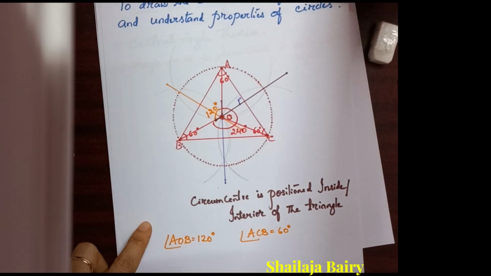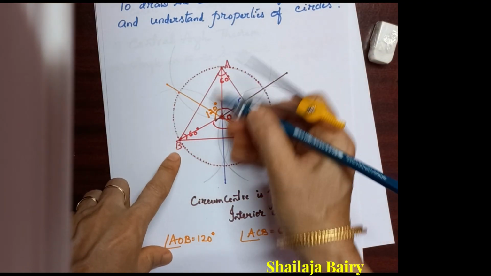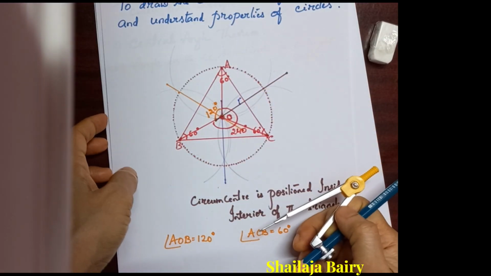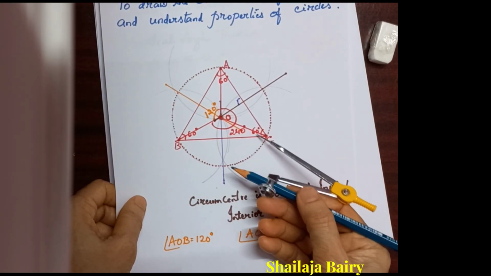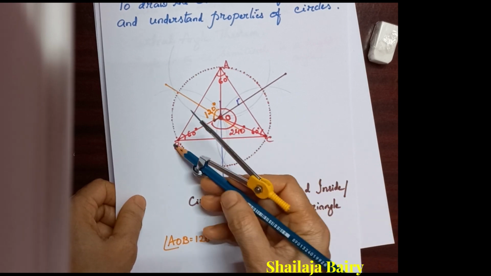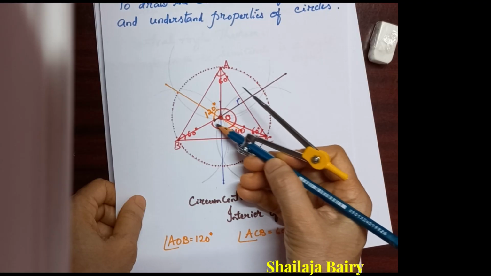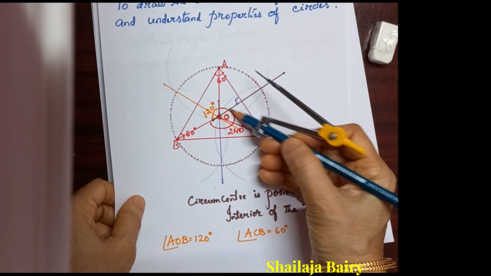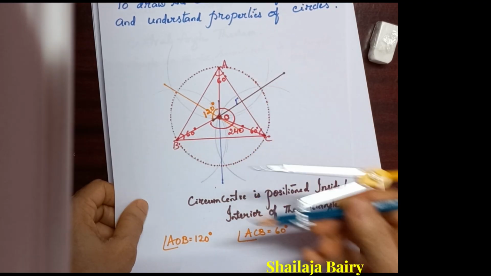It is also illustrating one more property, that equal chords AB is equal to BC is equal to AC in this first acute angle triangle which we have drawn, and equal chords subtend equal angles at the center. So we can observe here BC is creating a 120 degree angle at the center, AC is also creating 120 degrees at the center, and AB also is creating 120 degrees at the center.